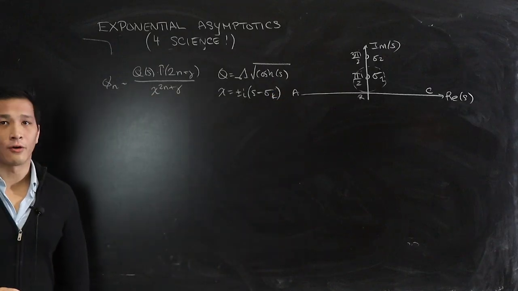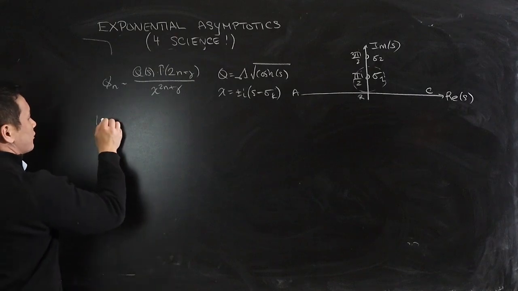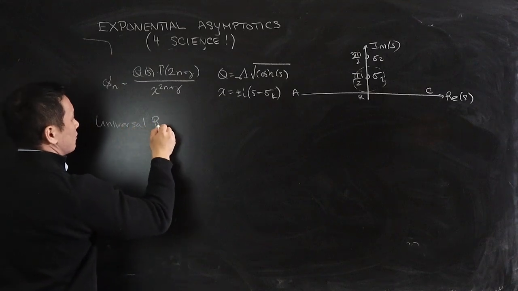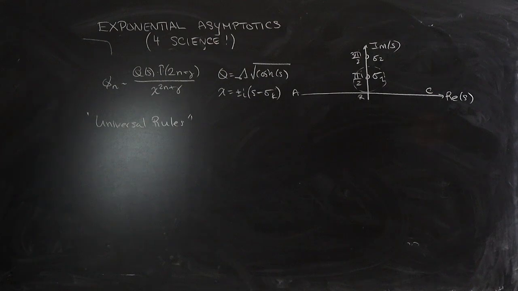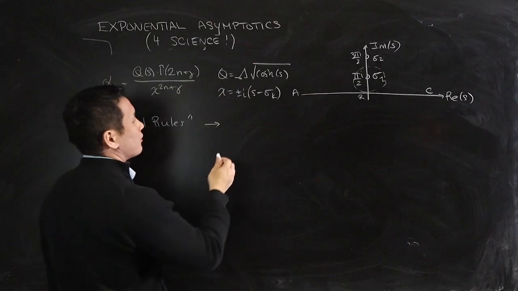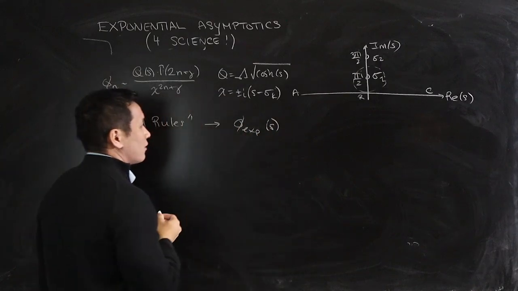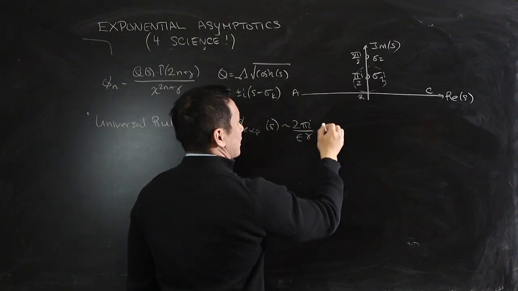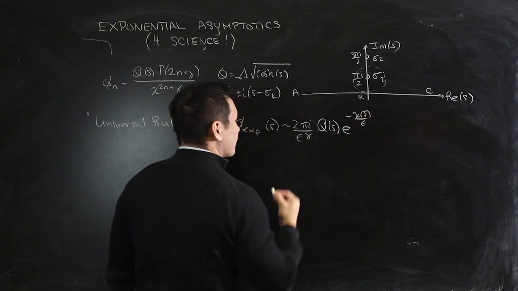Now I'm just going to tell you, and you can double check, that the exponential that gets switched on, if I write that as phi exp, is essentially 2 pi i over epsilon to the gamma times q of s e to the minus chi of s over epsilon.